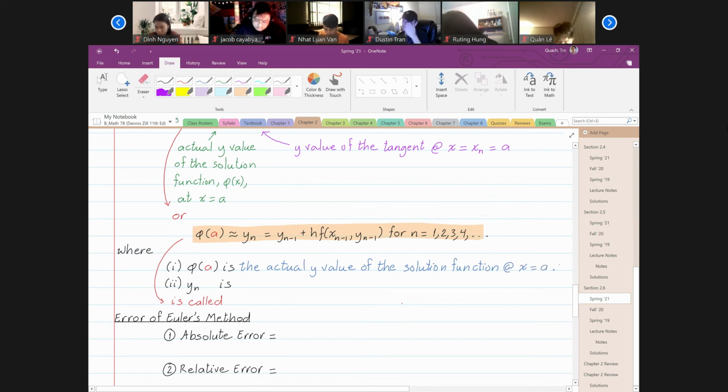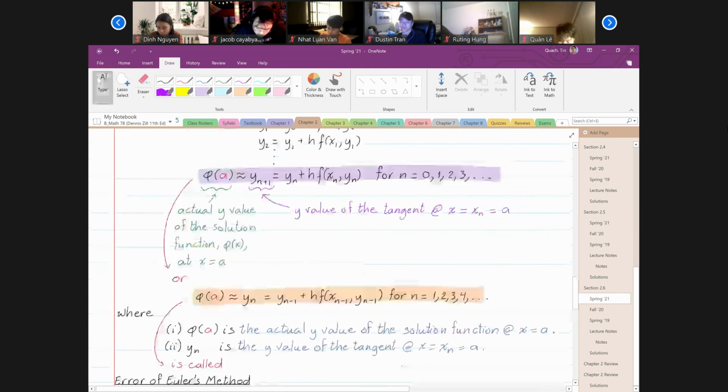And y sub n is the y value of the tangent at x equals x sub n, which is a.